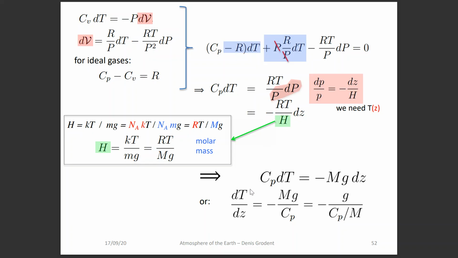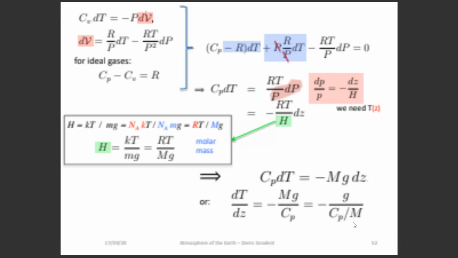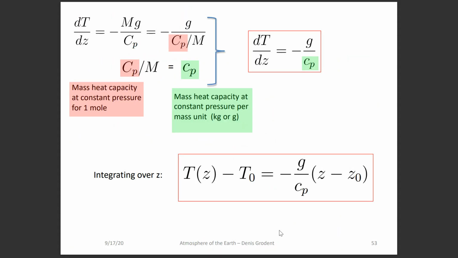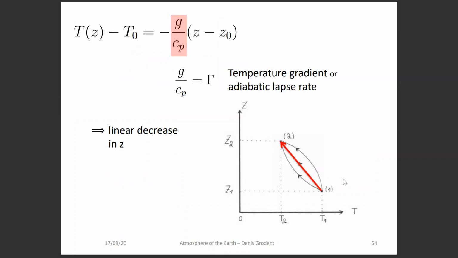At the end we were able to notice that in the lower part of the atmosphere, the variation of temperature with respect to height is constant and negative following this coefficient. This is explained by this formula here, where the coefficient gamma is g over Cp, and this is what we call the adiabatic lapse rate.